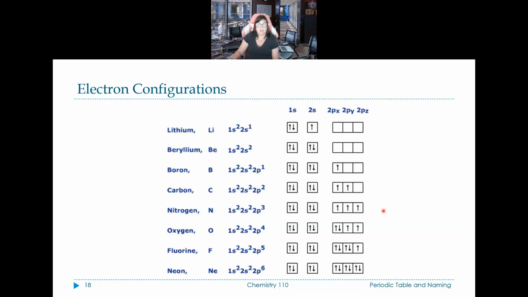But when I add the fourth one, somebody has to pair. And so we're going to end up in a situation where I have one up and one down in one of them and the other two unpaired. So that's what I mean by we're not going to pair unless we have to. Okay? So that's my electron configuration for everything up to neon. So 1s2, 2s2, 2p6. Cool.